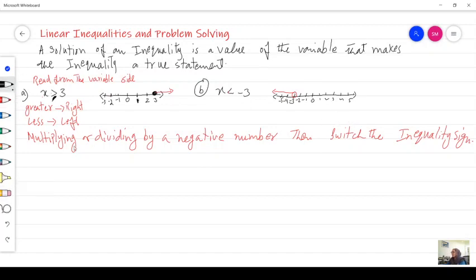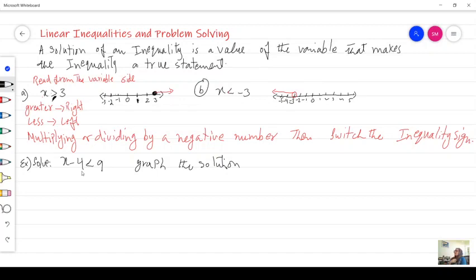Okay, so let's do some examples here. I have x minus 4 less than 9, and they said graph the solution. And they said solve. Okay, so I'm going to solve this like a regular equation.